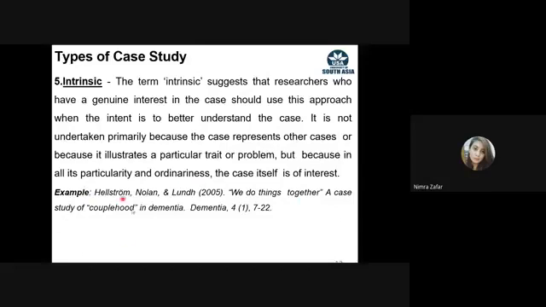So basically, a couple is a representation of other couples. So you do a case study on a representative couple, and that can be your intrinsic case study.